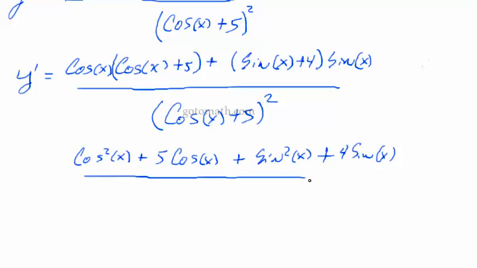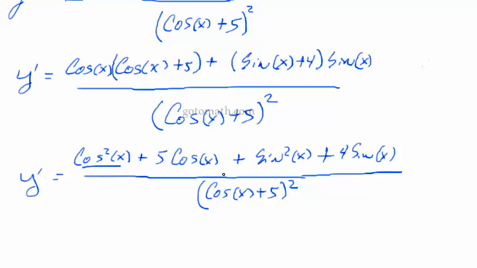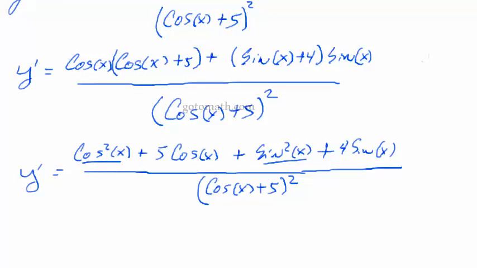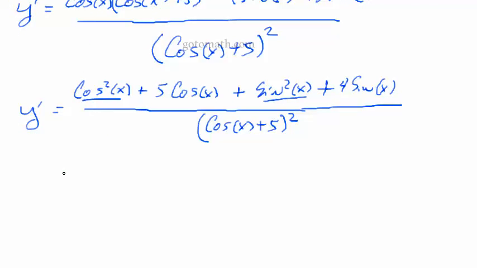I might as well at least show you how we got the answer on the script. So this and this can be joined together. Cosine squared x plus sine squared x is 1. Right? So that ends up being 1.